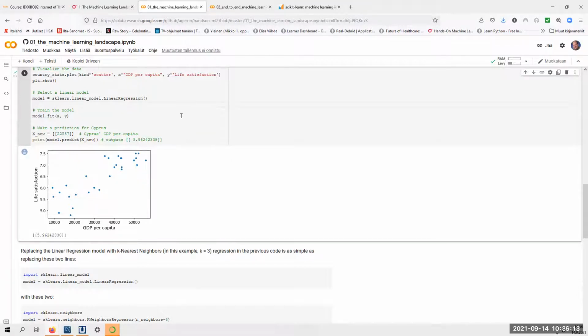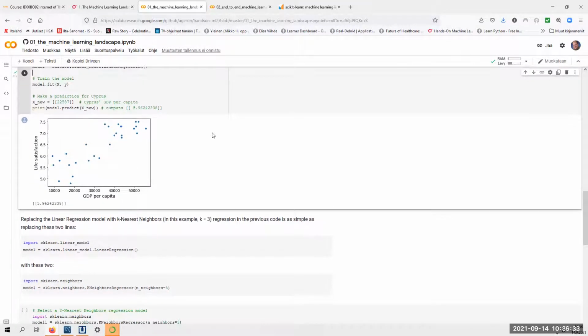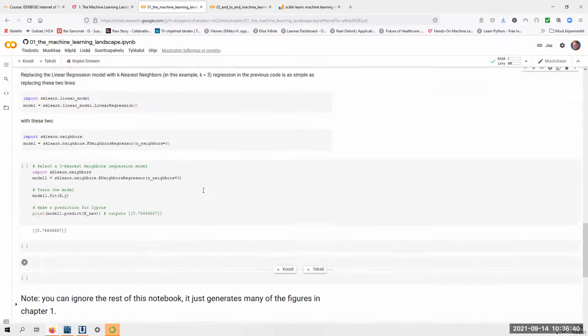So as you see, this is an object-oriented language. Clearly, this model calls its class's methods fit or predict. And here you see the result. The result is here, about 6. Now there is nothing very interesting.